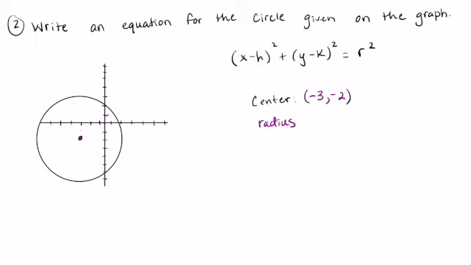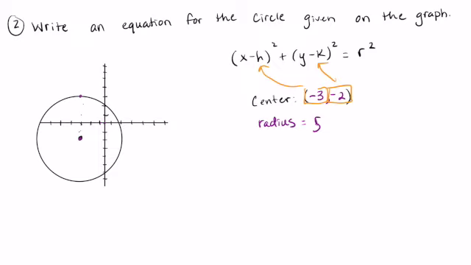Well, that's easy. Now I need my radius. So I'm just going to count up 1, 2, 3, 4, 5, and my radius is 5. So now I can plug that back into my equation. Remember, as I'm plugging these pieces into our equation, they are going to change signs.